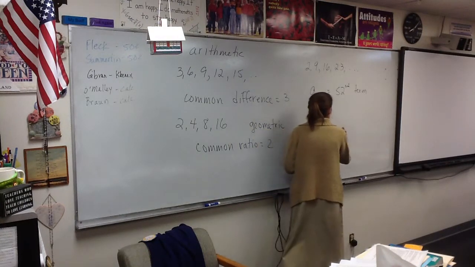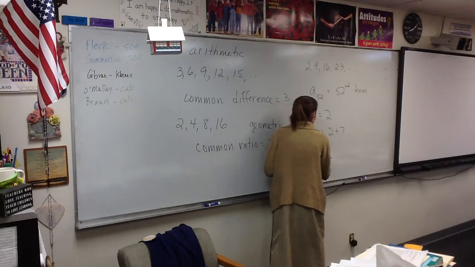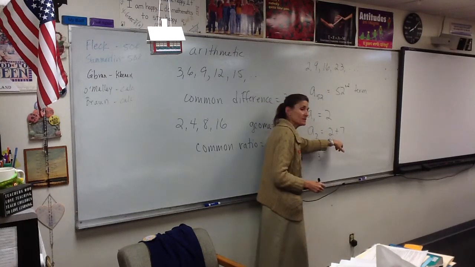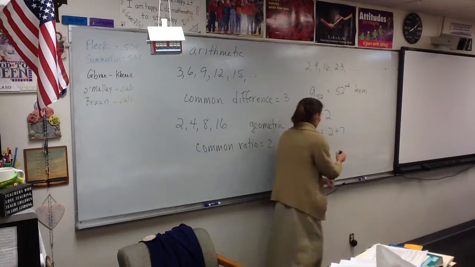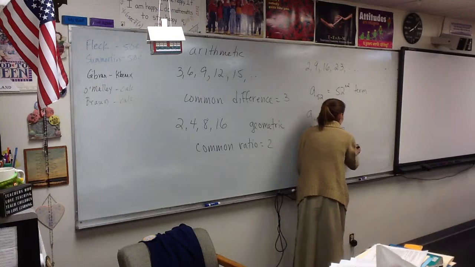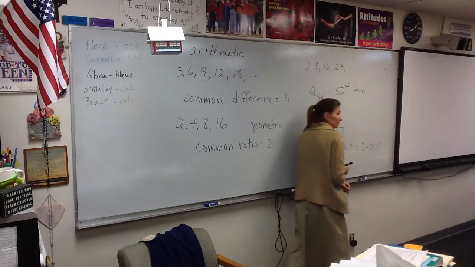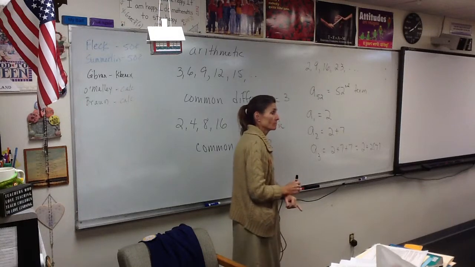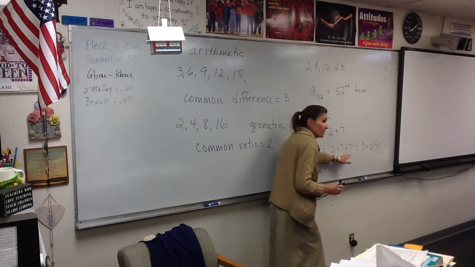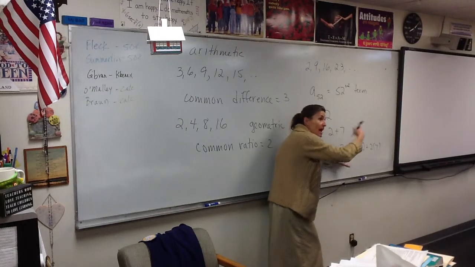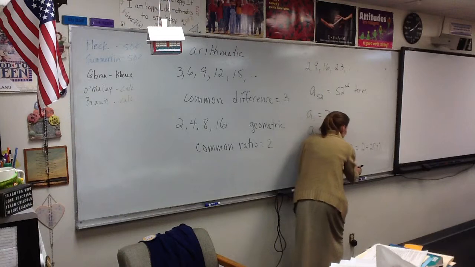We added 7, right? Now how did we get the third term? We took this one and we added another 7, so that was 2 plus 2 sevens. How did we get the fourth term? We took this one and we added another 7. So it was 2 plus 3 sevens.